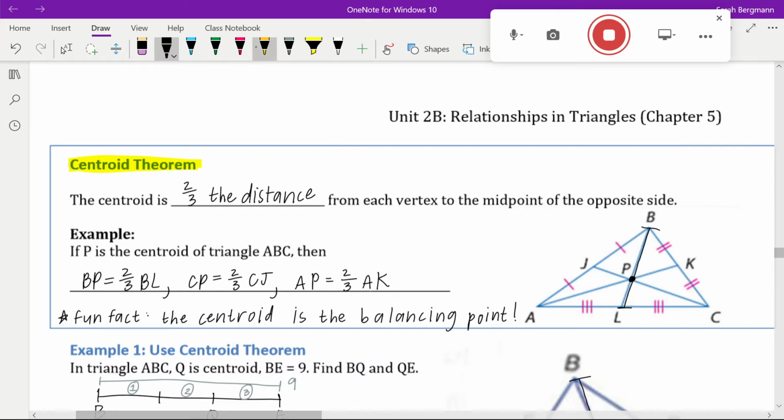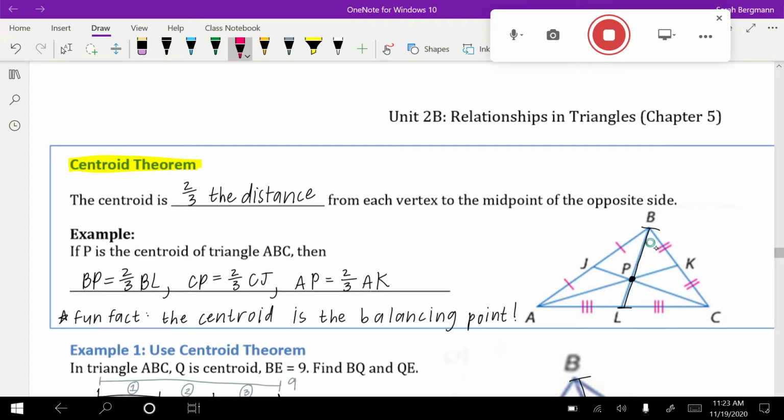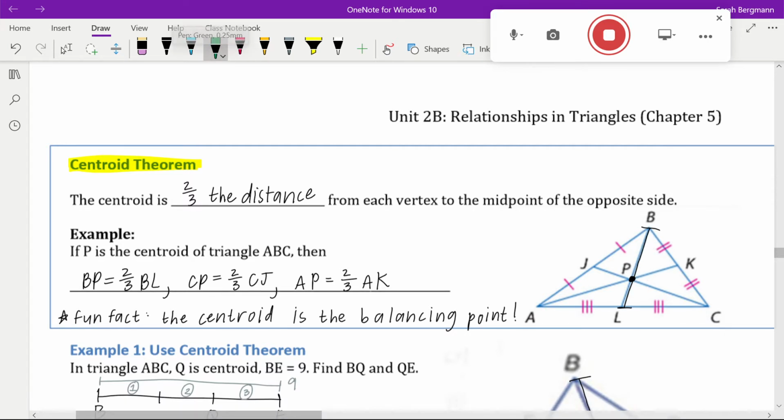Basically, if point P is the centroid of triangle ABC, then looking at the median BL, point P is 2/3 of the way from B to L. So BP has to equal 2/3 of the total length from B to L.